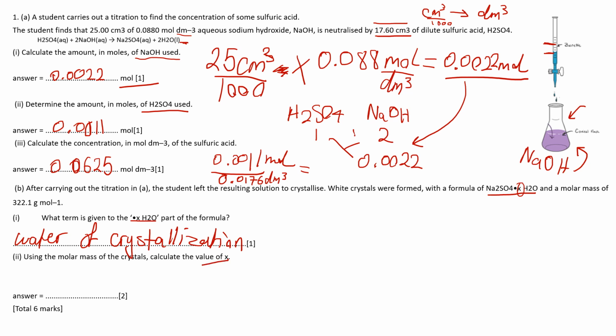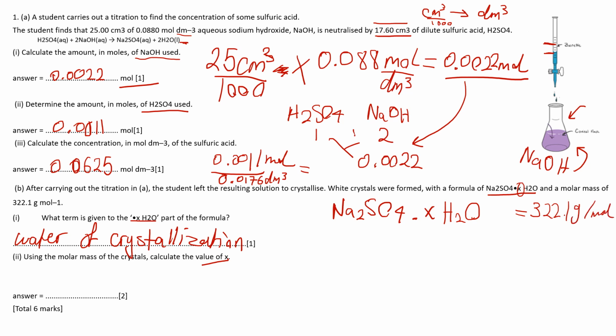So this is a repeated question. Again, it's very simple. Let's look at our results. We have Na2SO4 dot xH2O, and we have the total molar mass which equals 322.1 grams per mole.